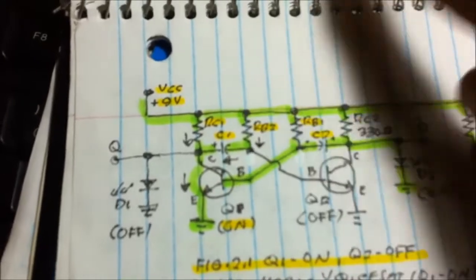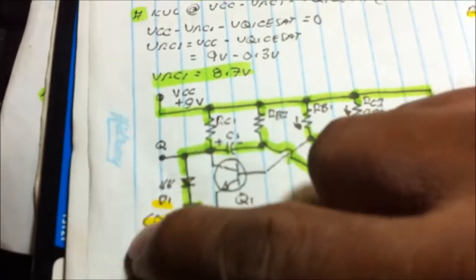Using VCC to compute for RC1, VCC to D1, RC1 to D1. So where is that? Okay, this one. So we now get the output of the other LED to turn on because there's a current close here to the ground.